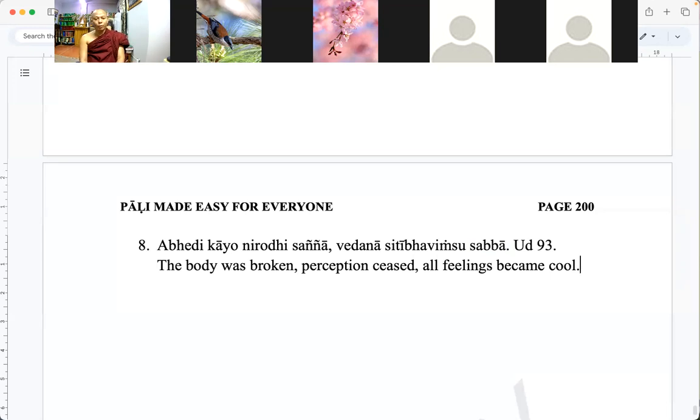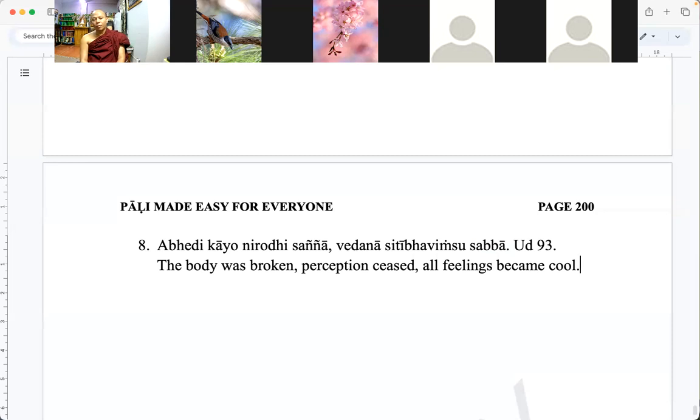Okay, so abedi also past tense. That is why the body was broken, or maybe the body has broken or had broken also. Or nirodi sanya, perception. Yeah, nirodi also past tense, third person singular. Nirodi, perception seized.